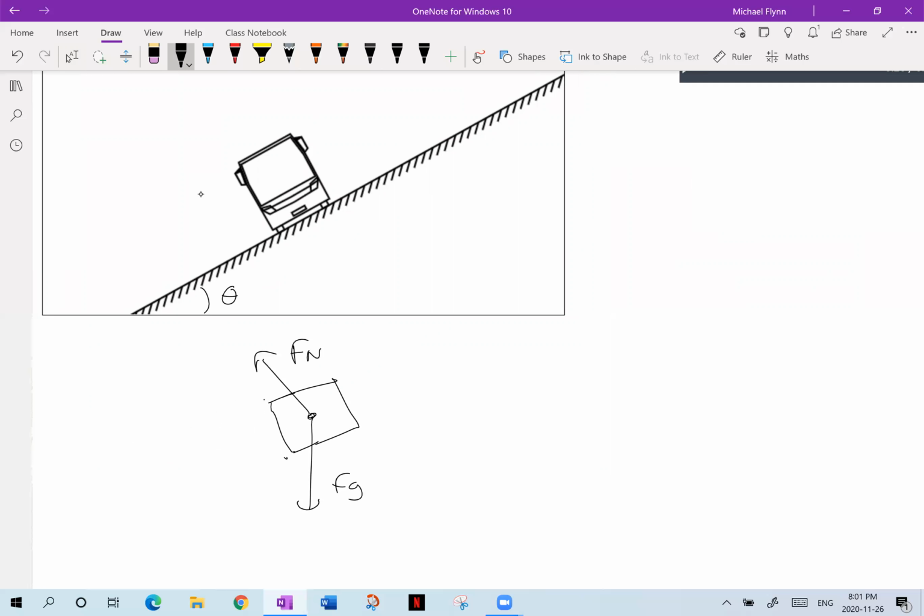Now, friction would be necessary if the bus goes too fast or too slow. Friction would be necessary to keep the bus from sliding down or up the hill. If you go too fast, it'll slide up the embankment. If it goes too slow, it'll slide down the embankment. And if you want to prevent that, you'll require some friction.